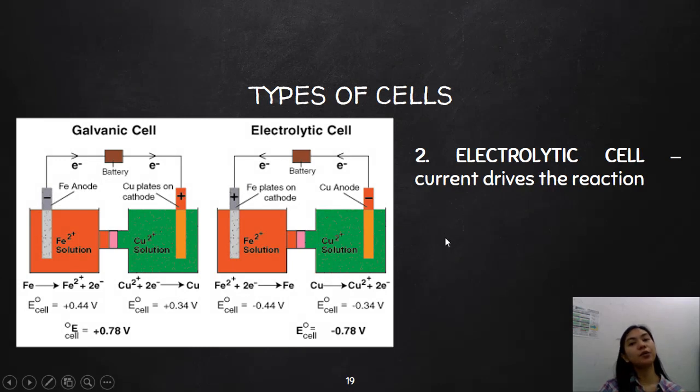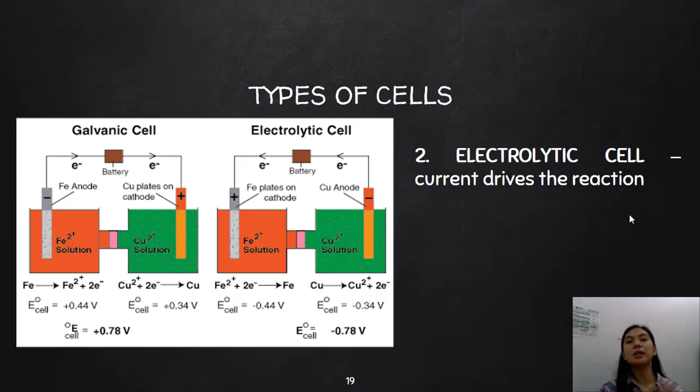And then, another type of your cell is your electrolytic cell, wherein the current drives the reaction. Kabaliktaran po siya ng inyong voltaic or galvanic cell. Di ba sa galvanic cell, the reaction produces current. So, dahil dun sa reaction, nagkakaroon po ng current or napapailaw yung light or nagkakaroon ng reading po dun sa voltmeter.